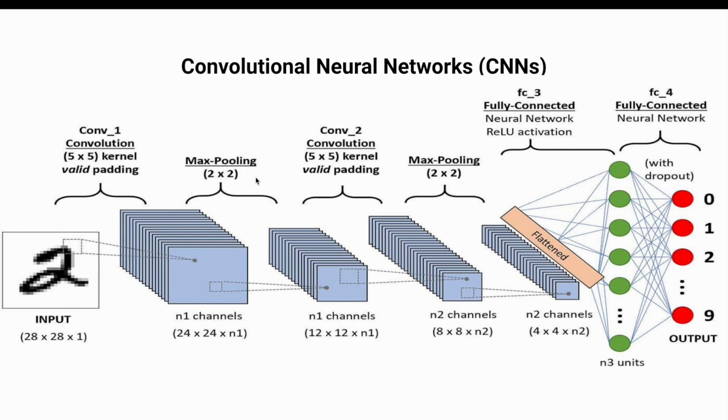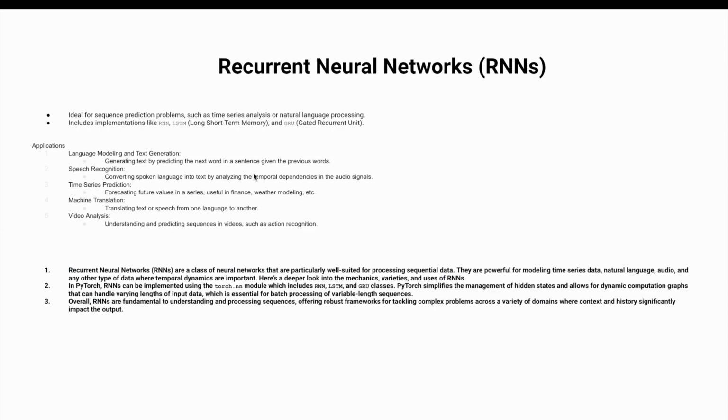And so we go to the next one. The next neural network that we can use in PyTorch is recurrent neural networks, or RNNs. And these are ideal for sequence prediction problems, such as time series analysis or natural language processing.